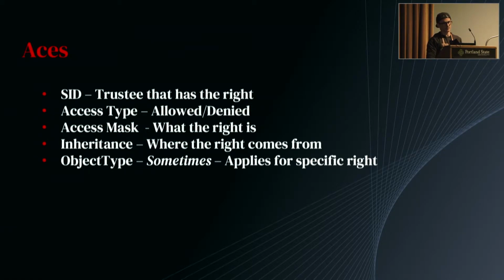And then you've got the object type, which is sometimes used when you want to limit the right to something specific. A good example is a lower tier help desk group that you want to give the right to change all of your users' passwords, but not full control over all the users.